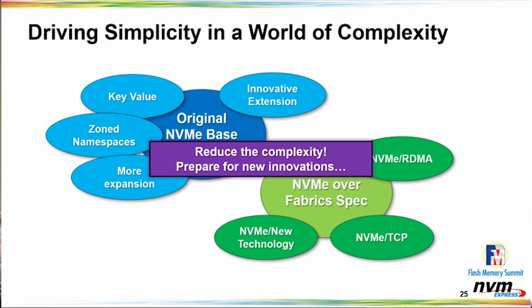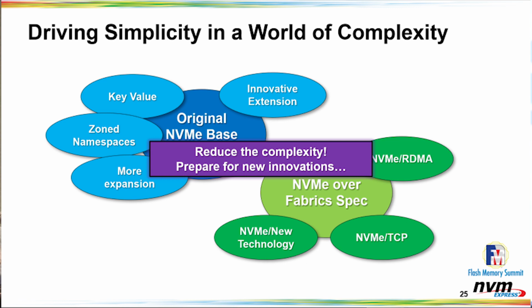So, we started with the NVMe base specification. And then we also added MI, well, I'm not going to talk to MI on this particular slide, but we added NVMe over Fabrics, and there are multiple transports there. And as we looked at what was going to be added for this upcoming, post 1.4 world, there's a key value and zoned namespaces functionality.